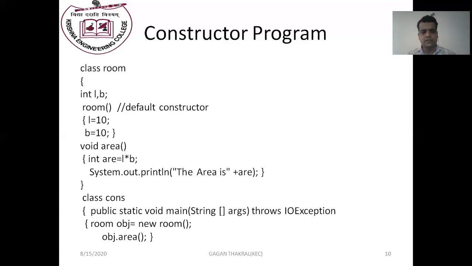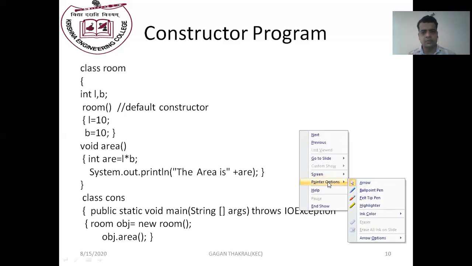In this program we do not assign any value to the length and breadth. Directly we call the function area, and this will print the value 100 as the answer.